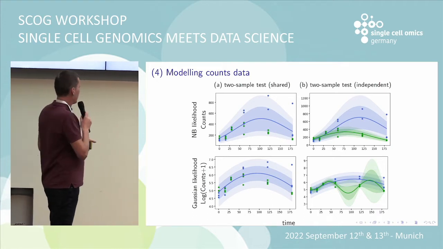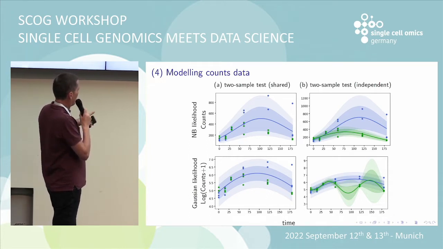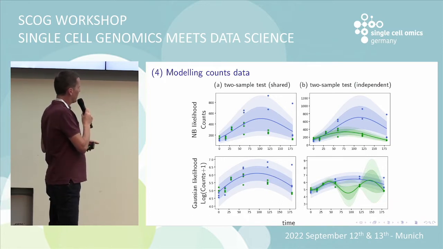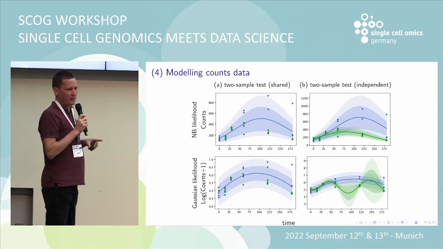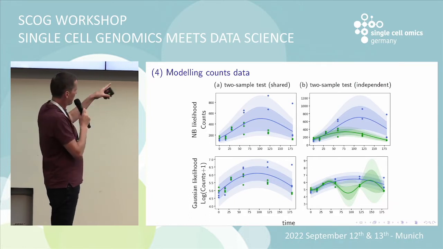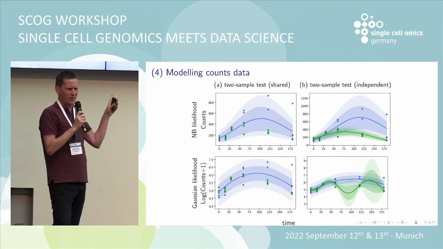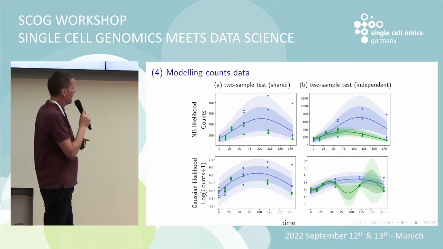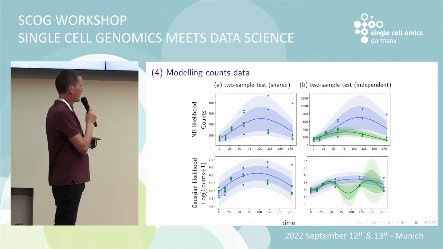If you use a Gaussian likelihood and you use log counts plus 1, what happens is that that's the bottom right-hand panel here. The Gaussian has a variance parameter, and because those green points just happen to be quite close together by chance in this data, the variance is inferred quite low across the replicates.